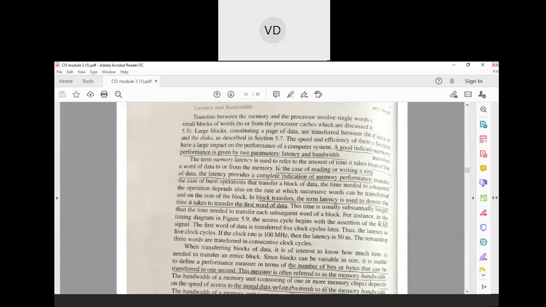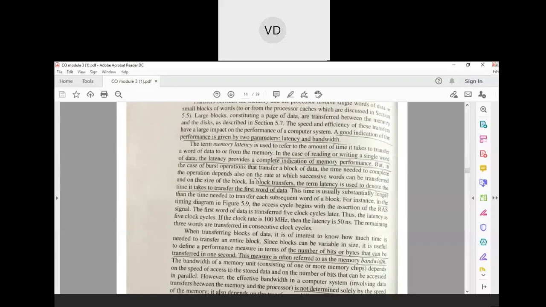That is the latency in the block transfer. When we are doing the block transfer, latency denotes the time taken to transfer the first word of data.